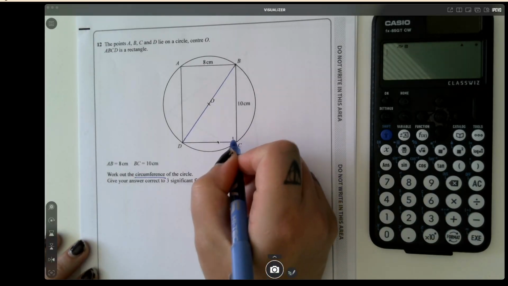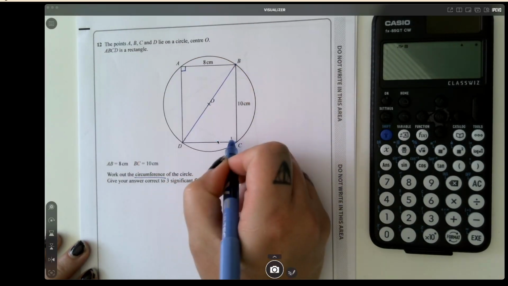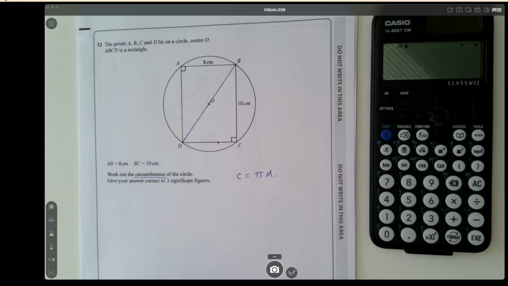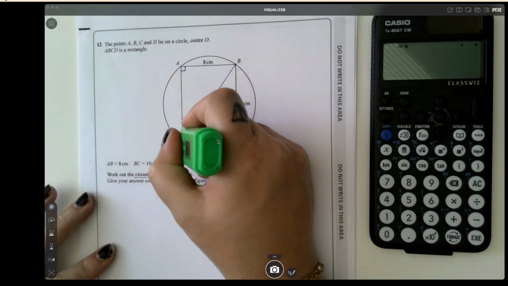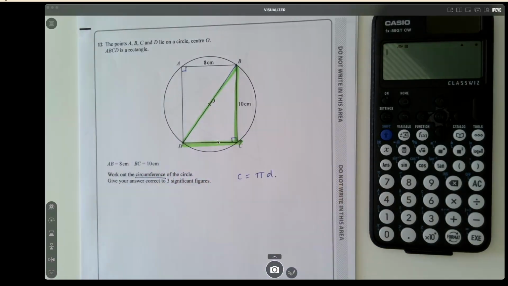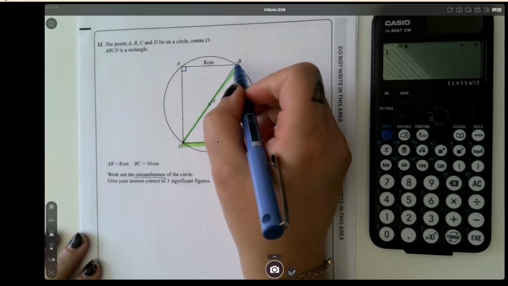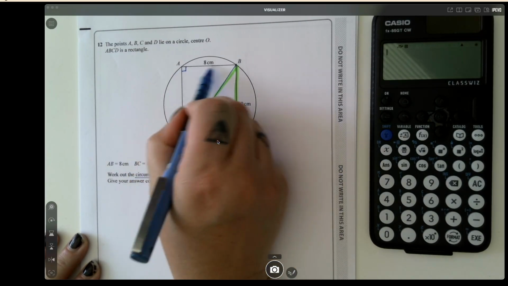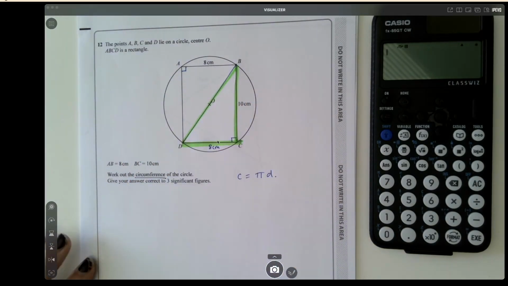So what we'll notice is a rectangle has right angles. So here, regardless of which triangle we choose to use, we will have a right angle triangle. So let's go with this one. I know that this length is 10 centimetres. I know that DC must be 8 centimetres because it's a rectangle and that's the properties of a rectangle.